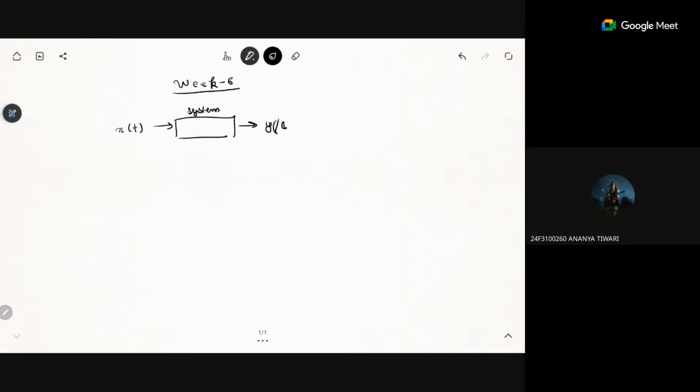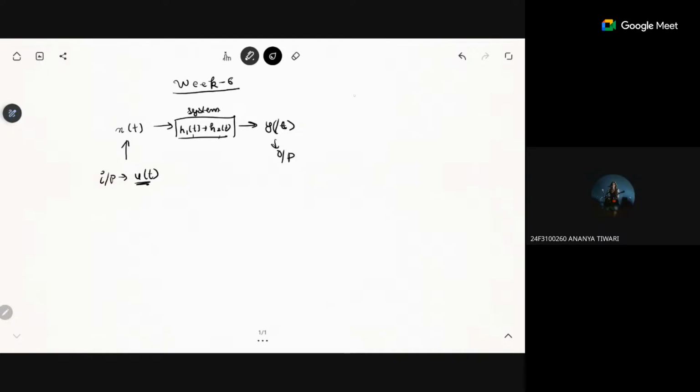Your input is a unit step signal. Your system has impulse response h1(t) plus h2(t), meaning two impulse responses cascaded in series.